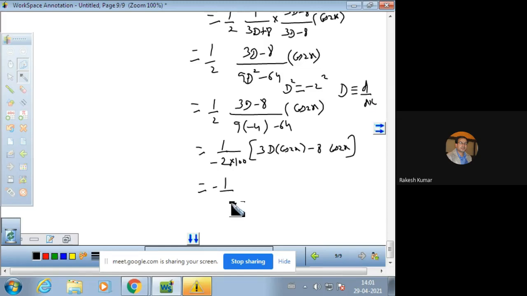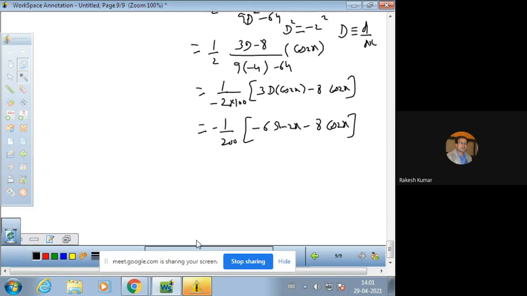So minus 1 upon 200, and that will be the derivative. And the derivative will be minus 6 sine 2x minus 8 cos 2x. So the minus term can be adjusted here. Now this is the particular integral for the third term.